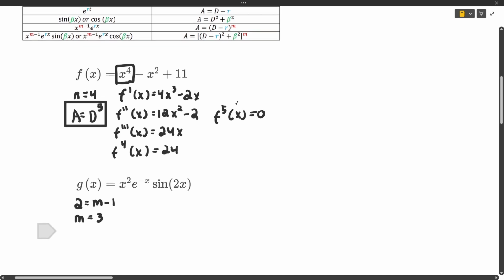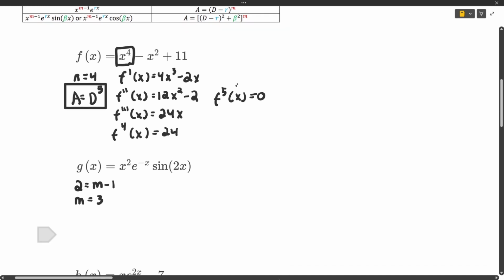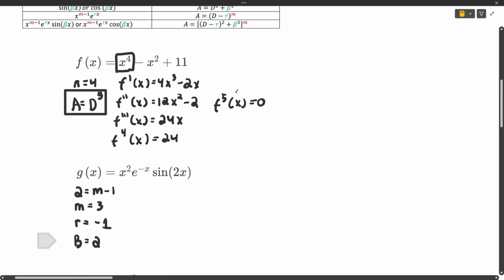Then we also have our r value, which is going to be equal to negative 1, since it's negative 1 times x. And our b, or beta value, is going to be equal to 2, just basing it off of there.